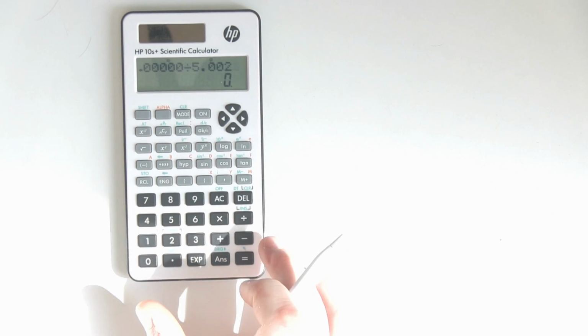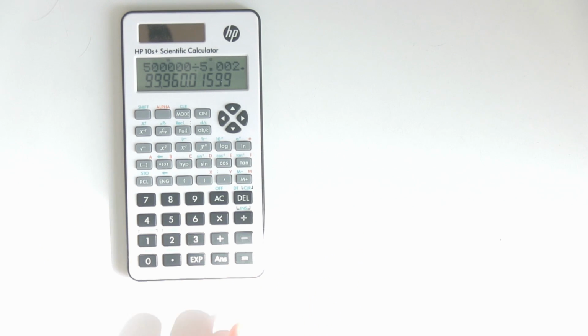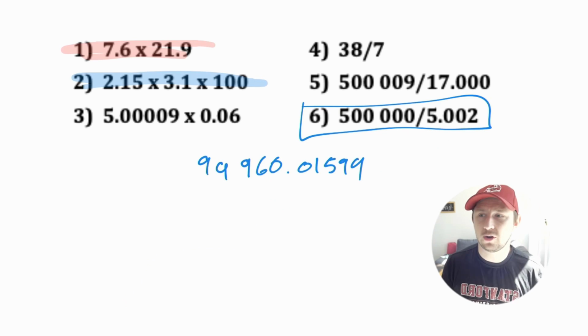Oops. Delete. Enter. And so we get 99,960 point something. So let me just write that out. 99,960.01599. All right, there's my number there. So show you guys that.